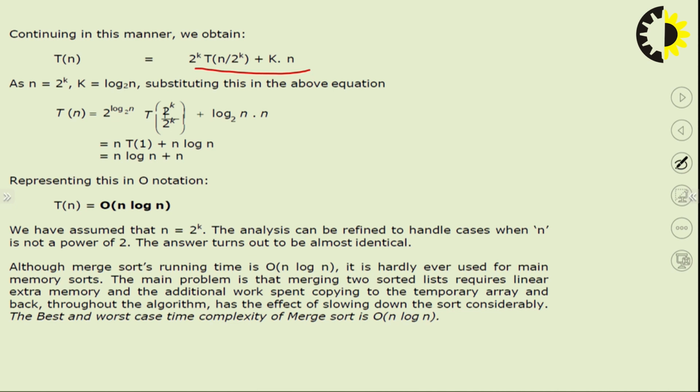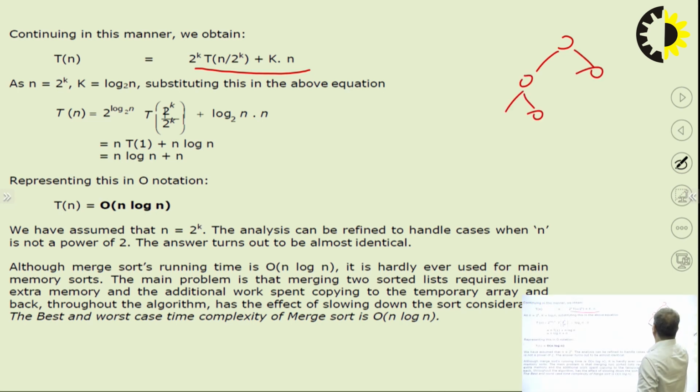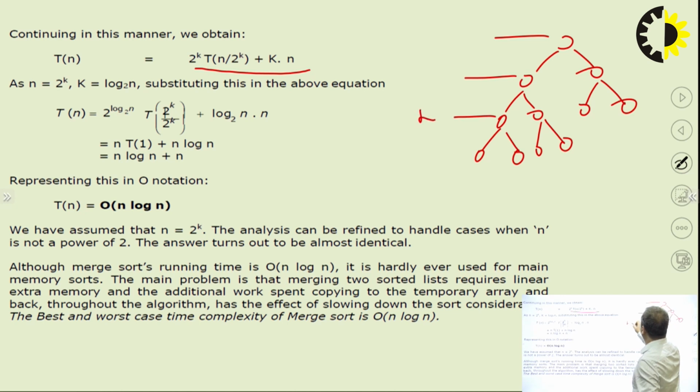So at the kth level of the tree, suppose the height goes vertically, 0, 1, 2, and this is k, then at the kth level you can write 2 to the power k T n by 2 to the power k plus k into n.